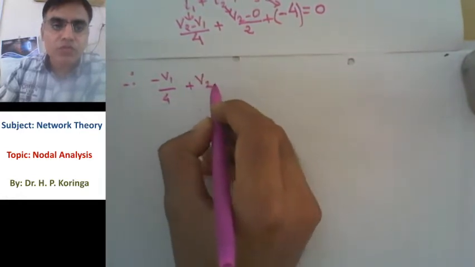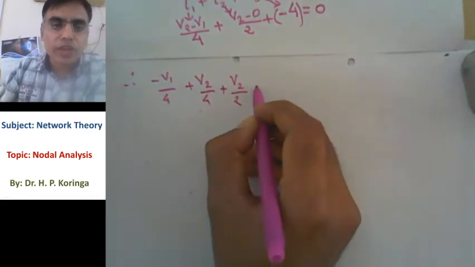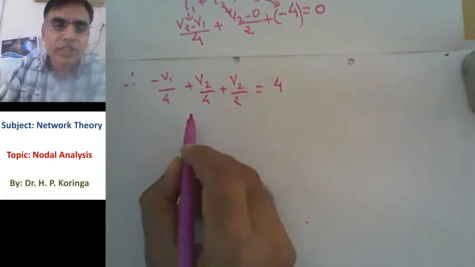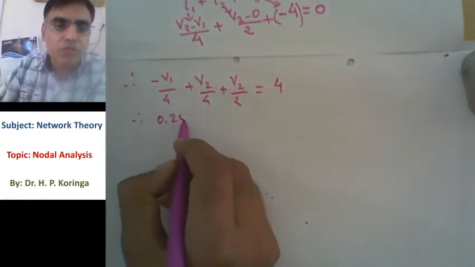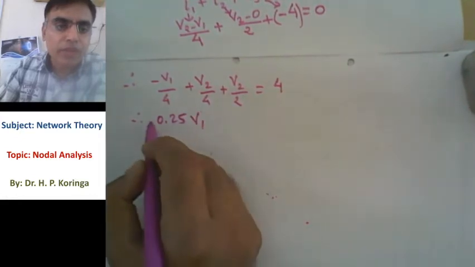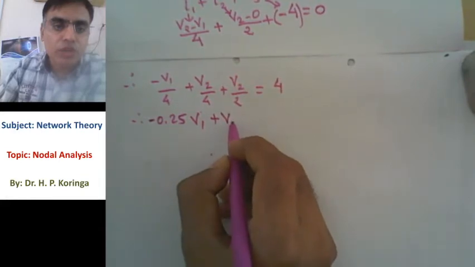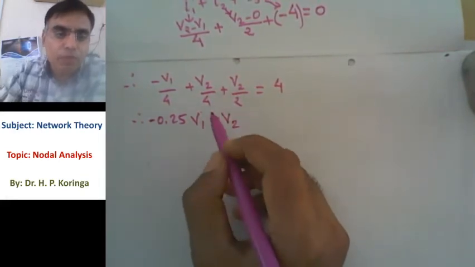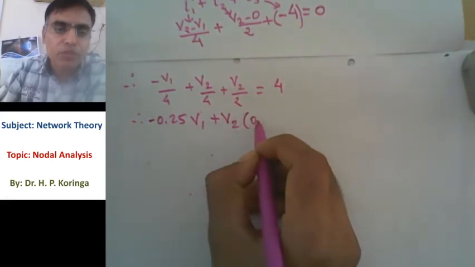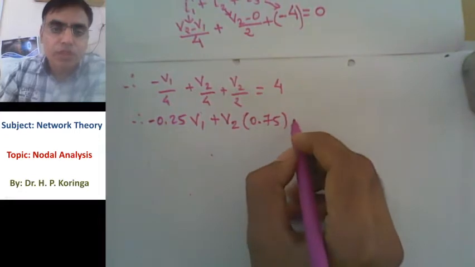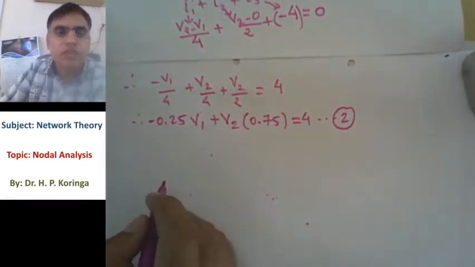Let's take 4 to the right hand side, so it is plus. So minus V1 divided by 4 is minus 0.25 V1, and for V2, 0.25 and 0.5, so V2 is 0.75. So minus 0.25 V1 plus 0.75 V2 is equal to 4. So this is our equation 2.